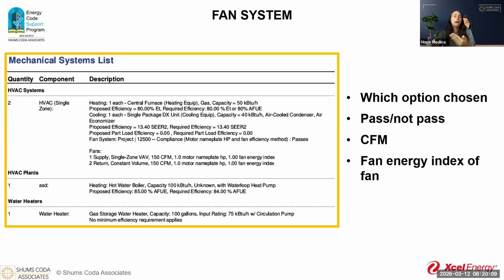in this COMcheck, you'll see it right here. We've got fans. Now, what this information gives us is it lets us know what option they chose, because remember, there's two options that they can pick for a fan system.